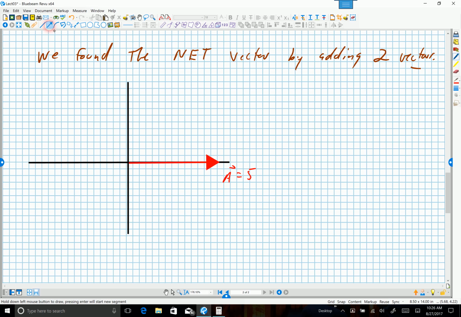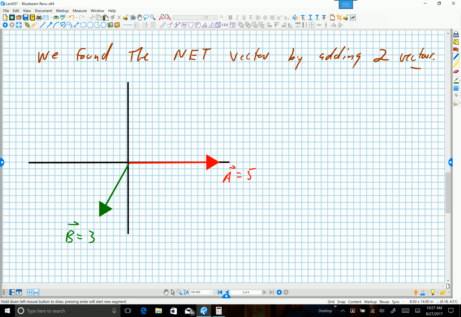And now we're going to do B, but we're going to do B a little bit differently. There's B. It is no longer along a context line.